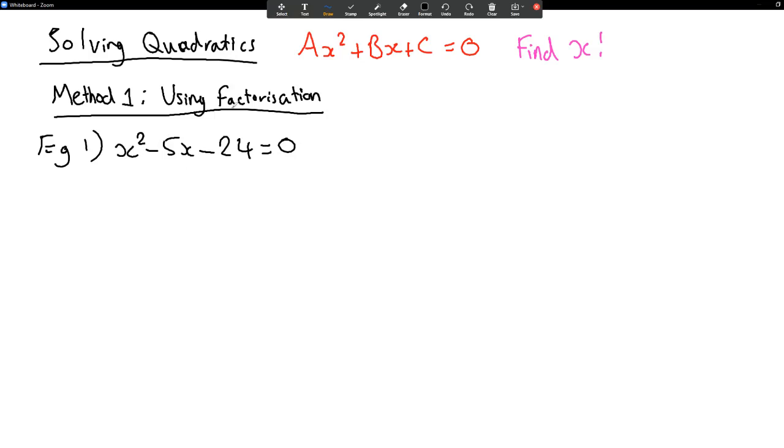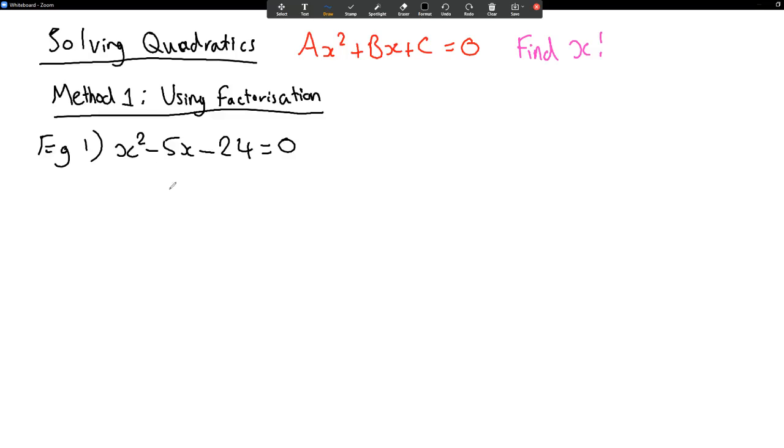And this method basically uses the factorization method we learned last time. So you can pause the video and try to get this into its binomial form, so into the two brackets, and then play the video again when you're ready.